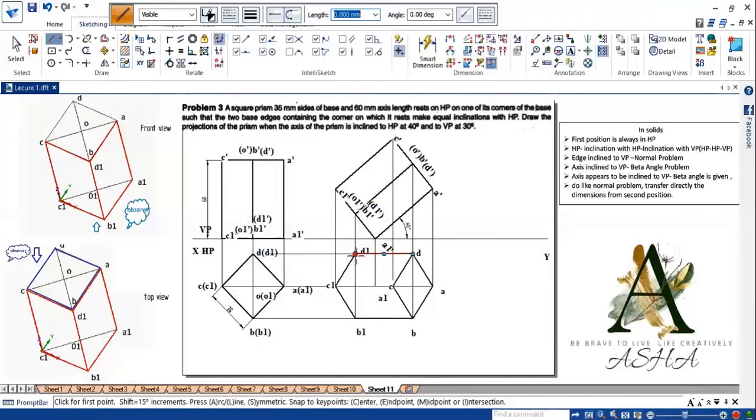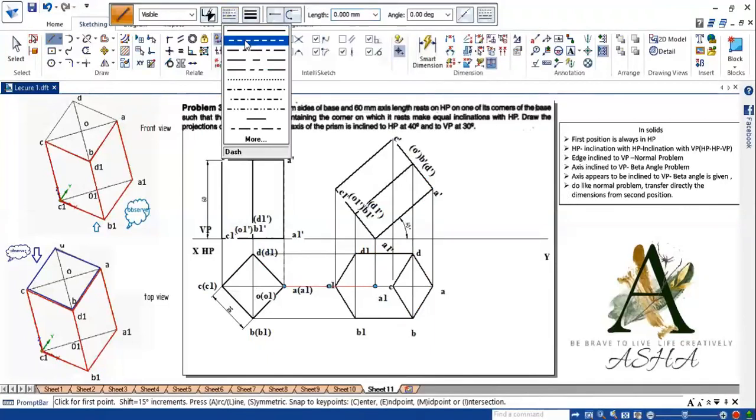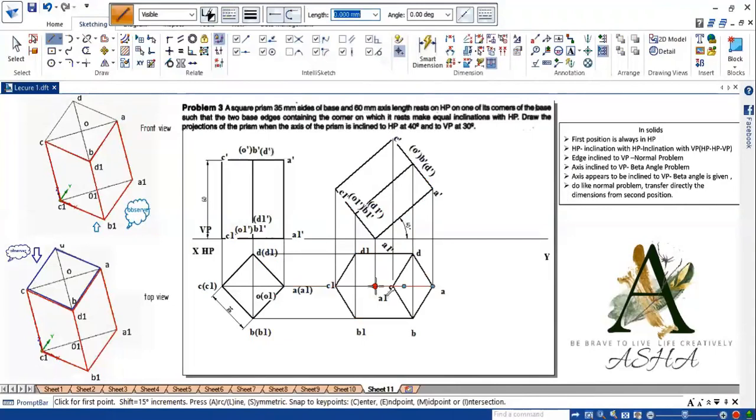So the three edges emerging from that will be hidden, provided that they are not at the outer boundary. You can see here A1 is connected to B1 and A1 is connected to D1. So these three edges will be hidden.